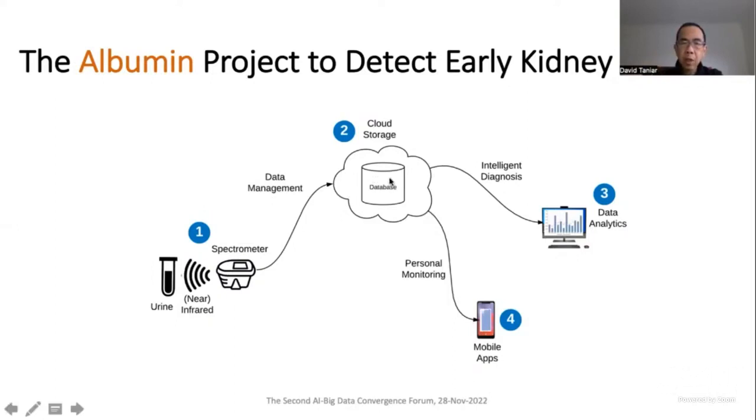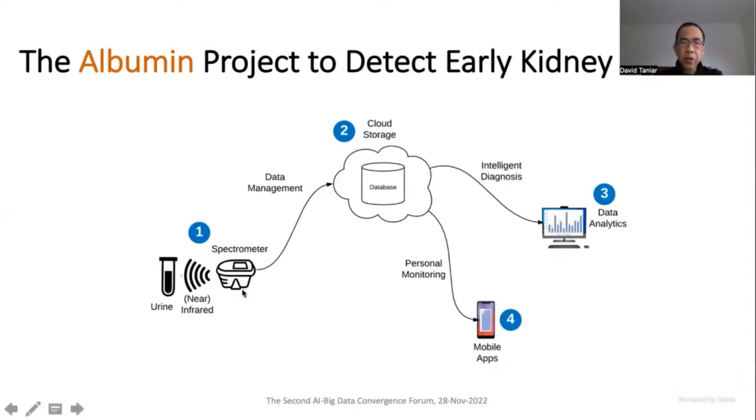So we use cloud technology, and after that we can monitor it on mobile, or in the case of a doctor, you can do data analysis. Right? Now this is very interesting.